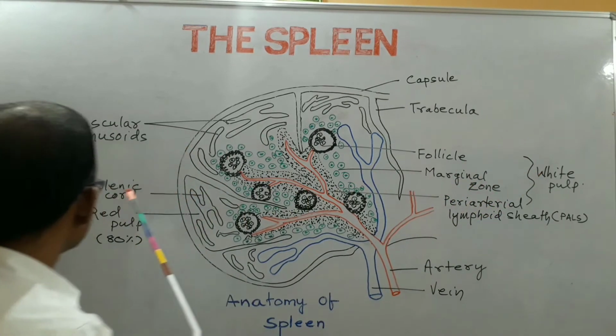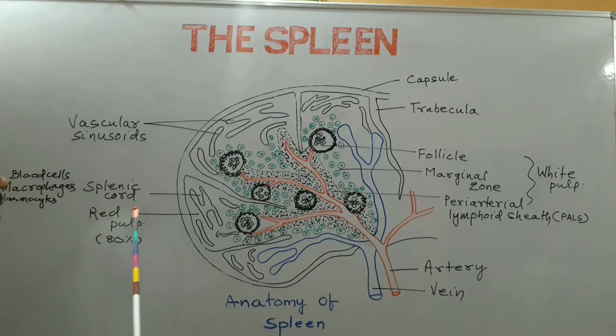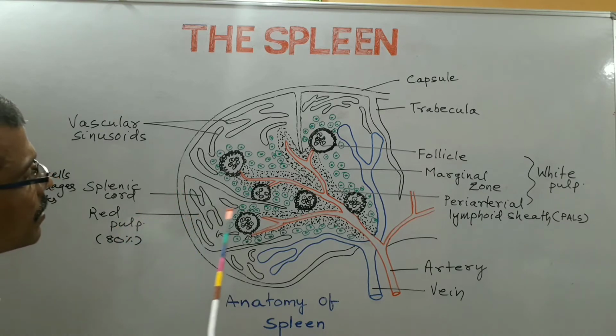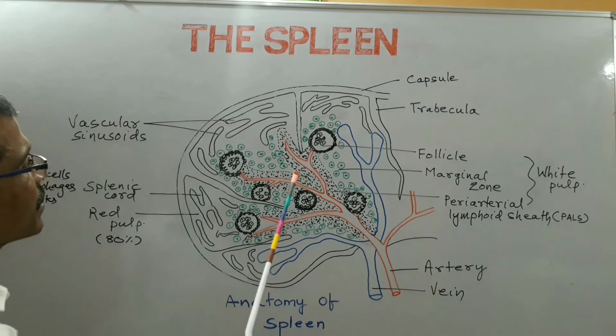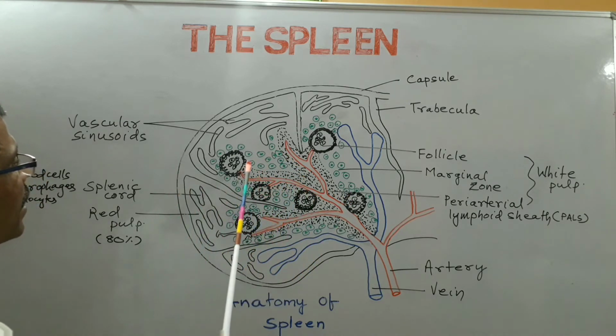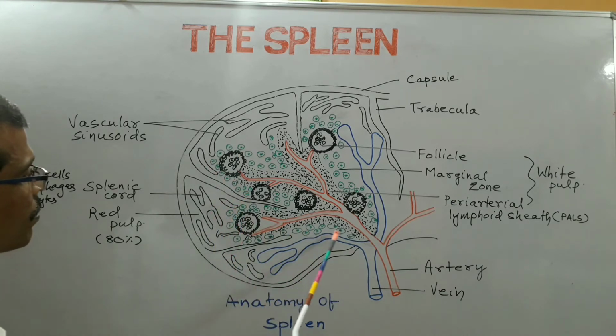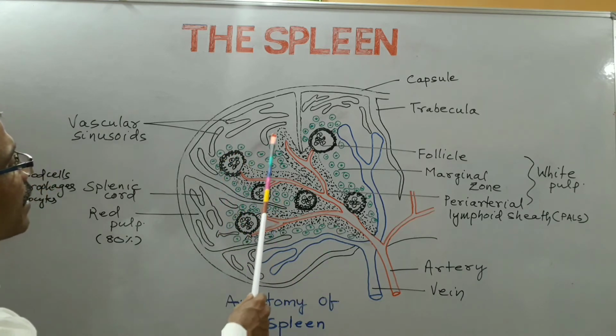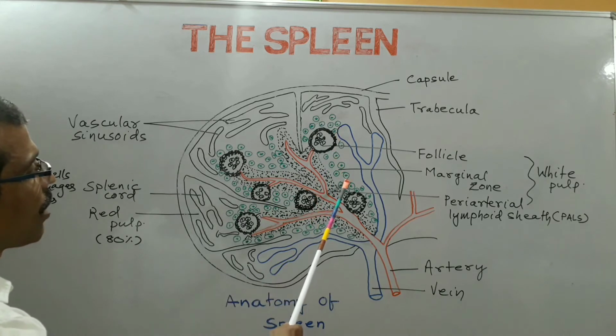The red pulp and white pulp are the two compartments of the parenchyma. They are separated by a marginal zone. This is the marginal zone which separates the red pulp and the white pulp.